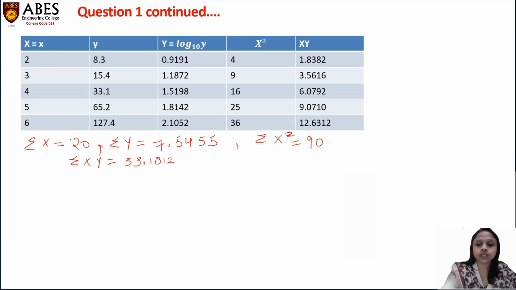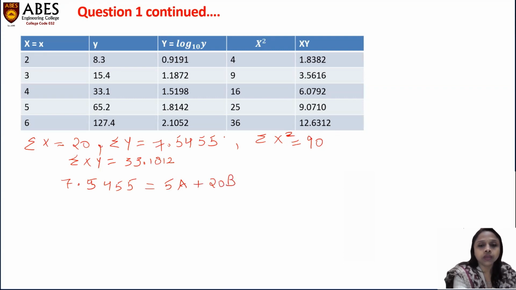Now we will put these values in the normal equations. Summation Y, that is 7.5455. Total observations are 5. So 5A plus 20B. Then summation XY, 33.1812, is equal to 20A plus 90B.